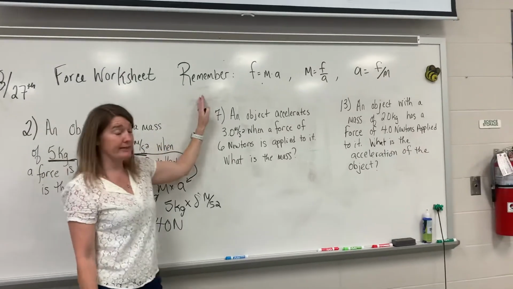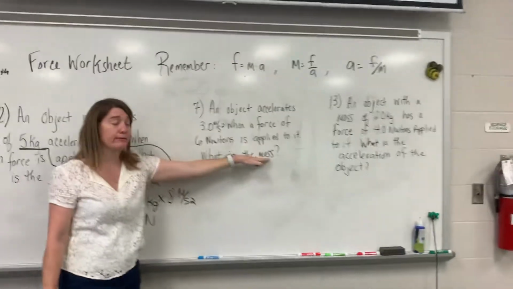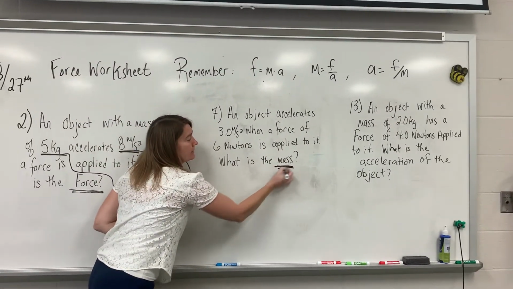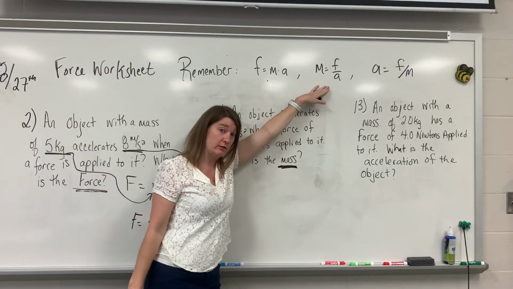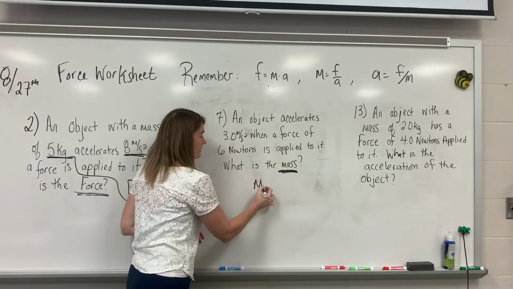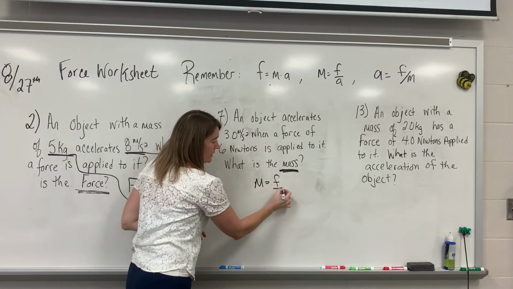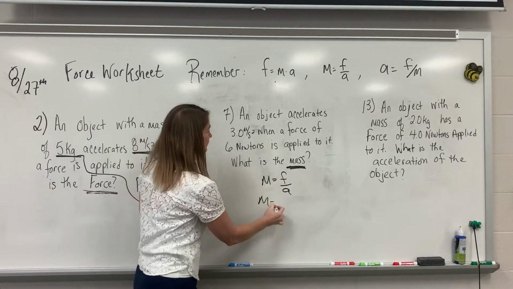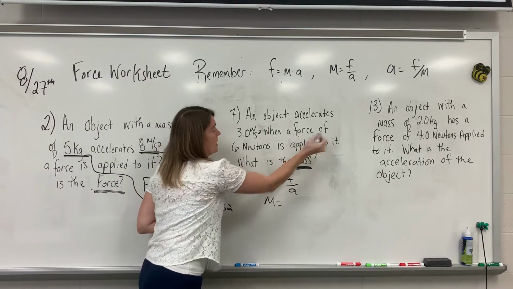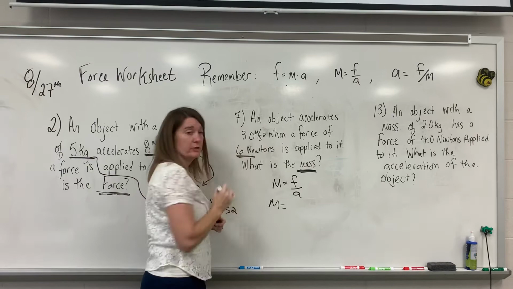Okay, I'm going to skip to number 7 because now we're finding mass. Okay, so therefore we have to go up to this equation. So mass equals force divided by acceleration. You find the force of 6 newtons.